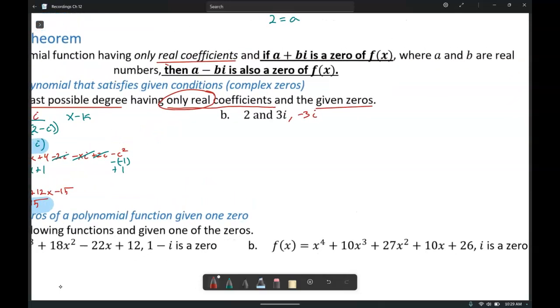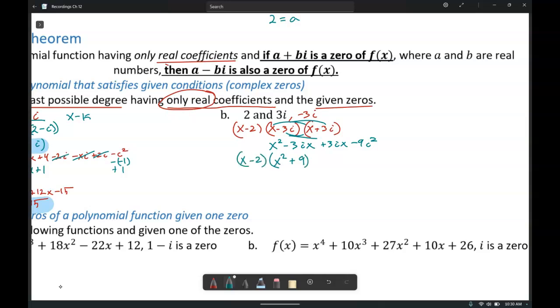We can do the same idea here. Our factors will be x minus 2, x minus 3i, and x plus 3i. When we multiply these, we get a sum of squares instead of a difference of squares, since we have non-real numbers, giving us x squared plus 9.